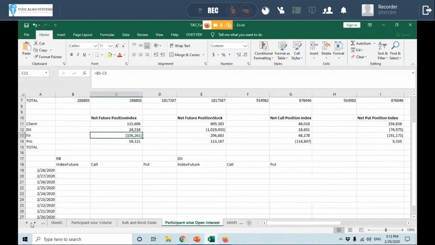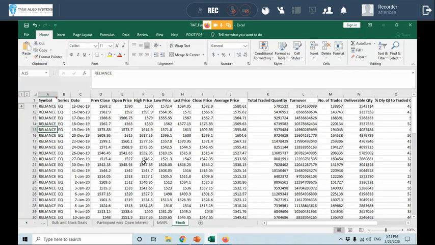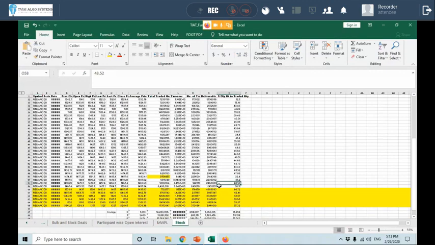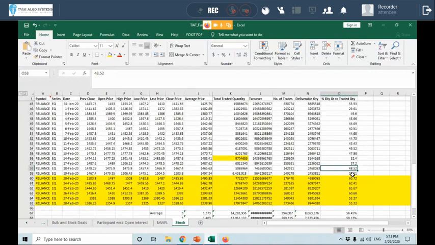We were just discussing this Reliance. The average delivery percentage on this day, 20th of February, shot up like anything.